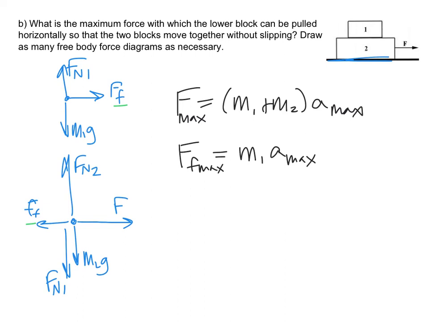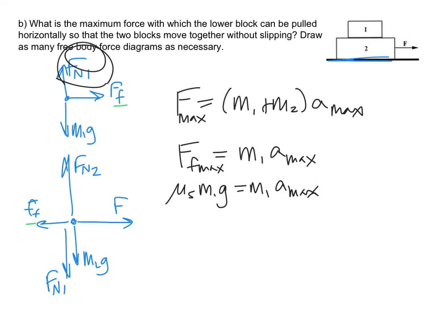static friction equality. So I can say mu sub s times the normal force, and I'm using this normal force. That's the frictional force I'm interested in, or rather the normal force that affects the frictional force that I'm interested in. So m1g, and then that equals m1a max. Okay, but something different happens here because of the switch of where the forces are.